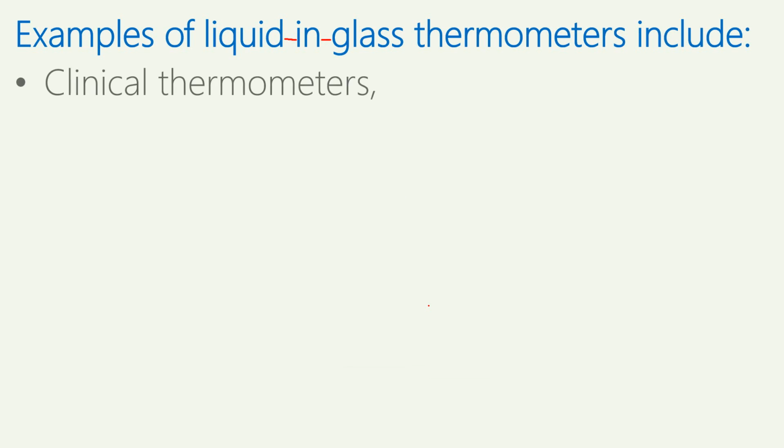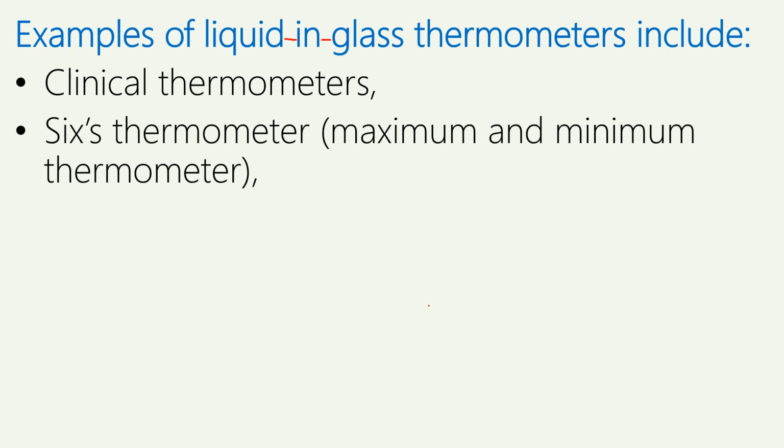They include clinical thermometers, like you've seen them. We have Six's thermometer, what you call a maximum and minimum thermometer. This one was called the Six, just Six, not sixty, like some people say. It is Six's thermometer.